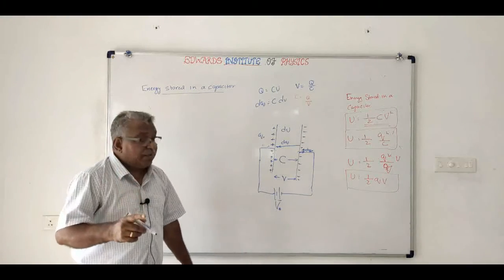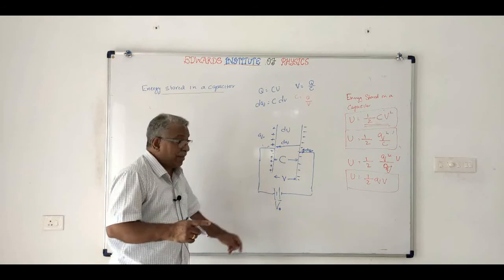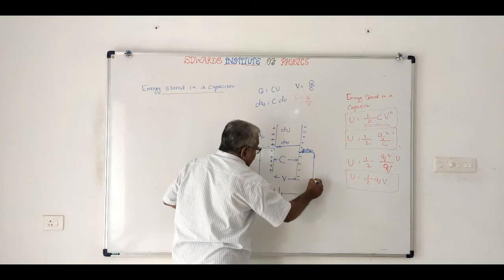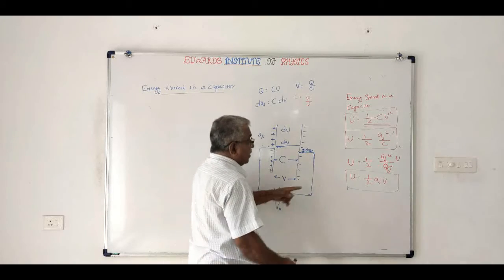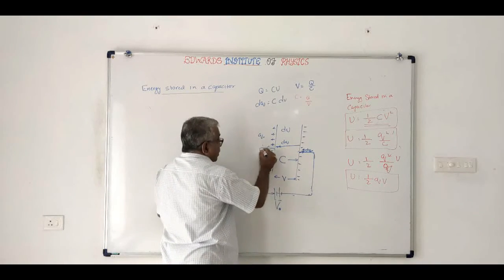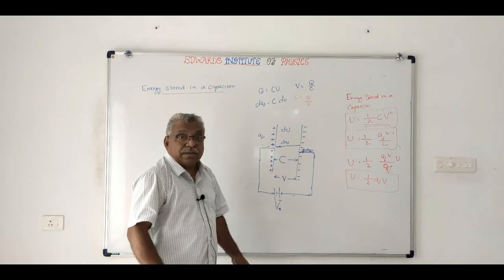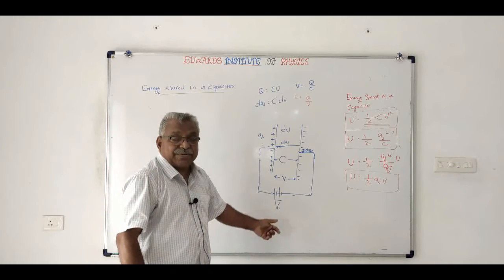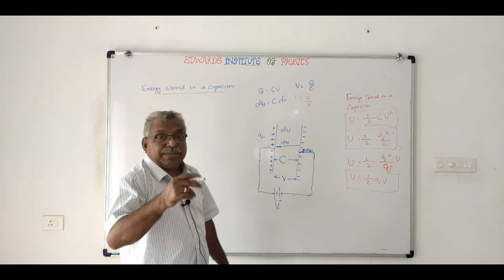Now let us see what is the energy spent by the battery. See, the battery has taken Q0 charges from here to here, or in general Q charges from here to here. So what will be the work done? The potential is V. We will avoid that V0. The potential is V. So what will be the work done?